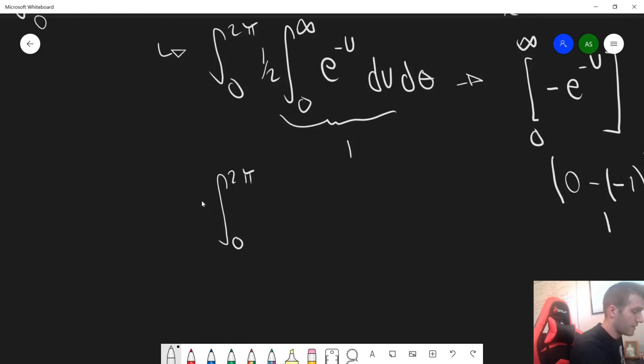So we can factor that 1/2 out again. It's just another constant of d theta. So taking that indefinite integral is just going to give us theta. Plugging in for theta, we're going to get 2 pi. And that is going to give us 2 pi over 2. Canceling that, we just get pi.